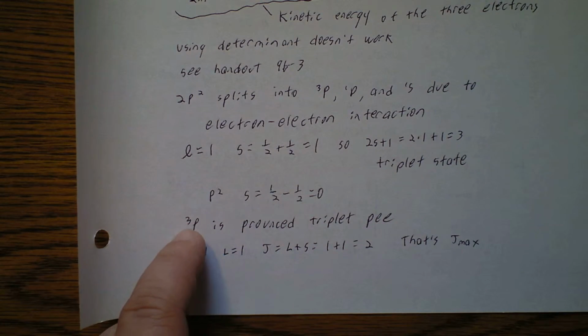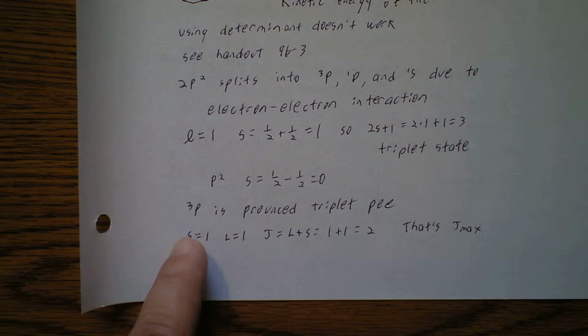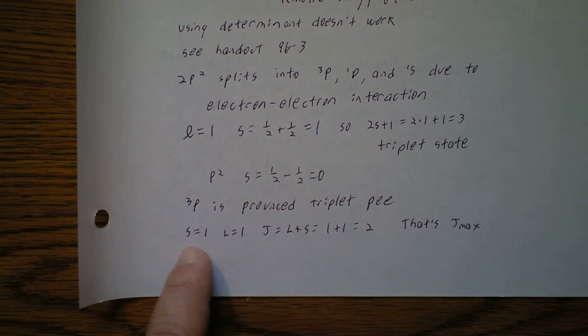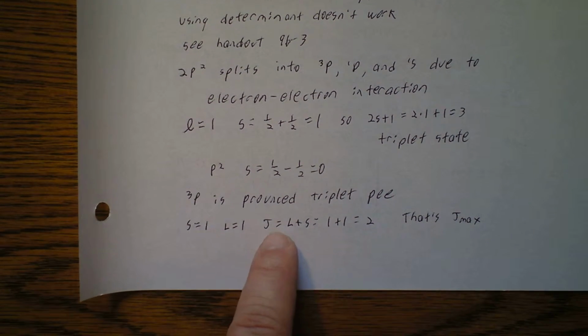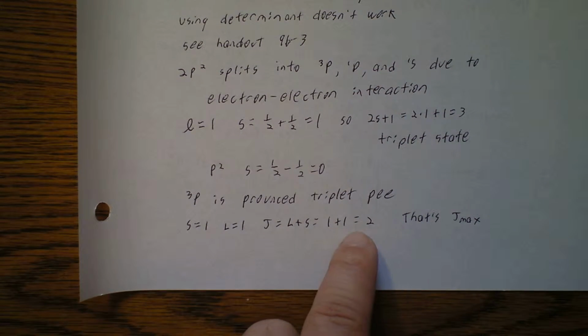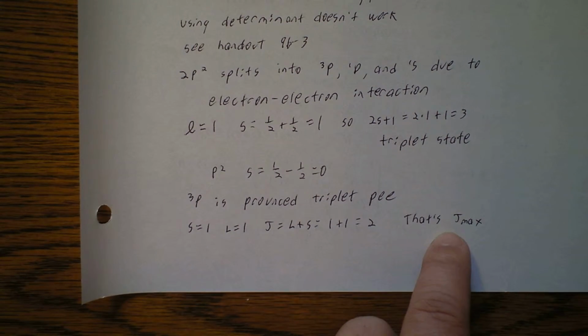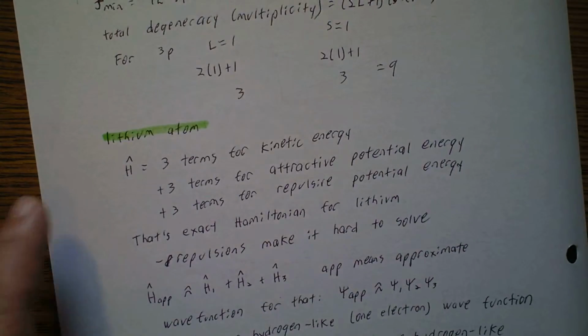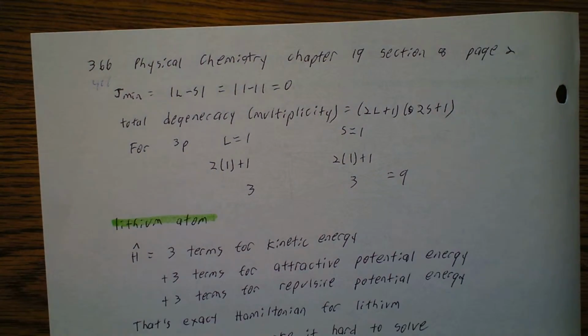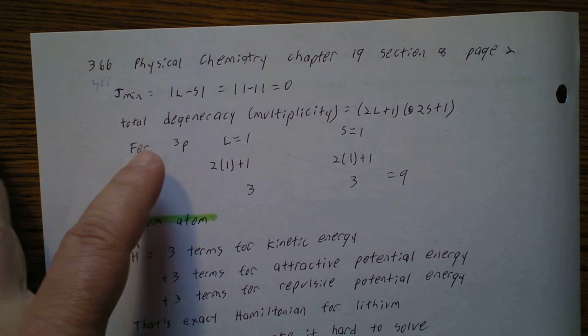And of course this is pronounced triplet P. So S equals 1, L equals 1, J is equal to L plus S, so 1 plus 1 is equal to 2. That's J max. Now J min is going to be the absolute value of L minus S, which is 1 minus 1, which is equal to 0. So total degeneracy or multiplicity, we get 2L plus 1 times 2S plus 1.